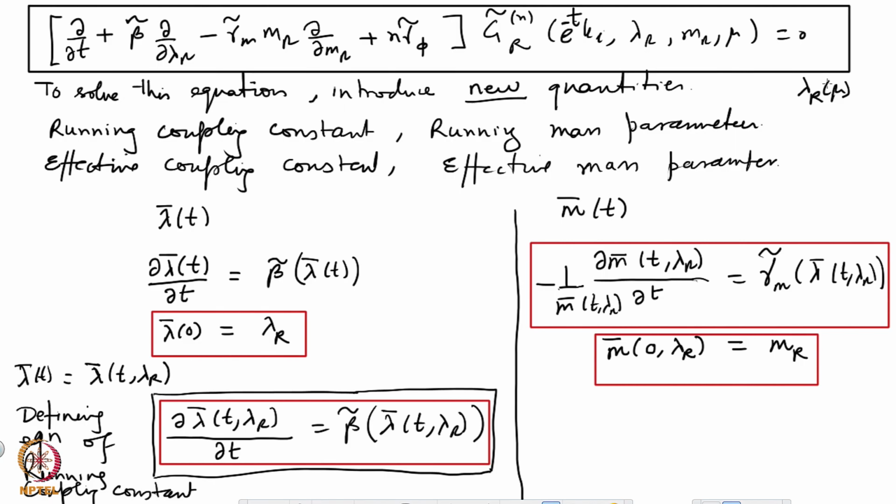In this differential equation, I will replace wherever I have lambda r by lambda bar, and wherever I have mr, renormalized mass, I will replace it by m bar, meaning effective mass. I can do so because this equation is valid for all values of lambda r and mr. So this replacement is allowed. So let's do that.